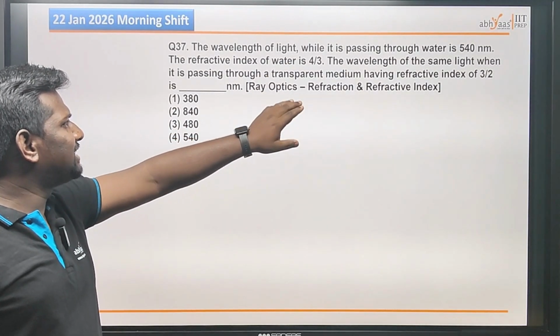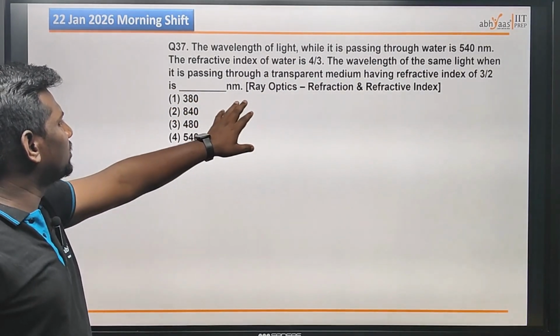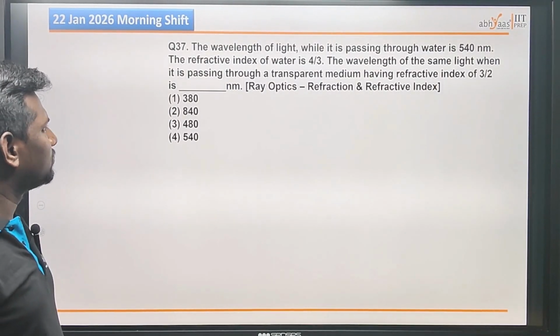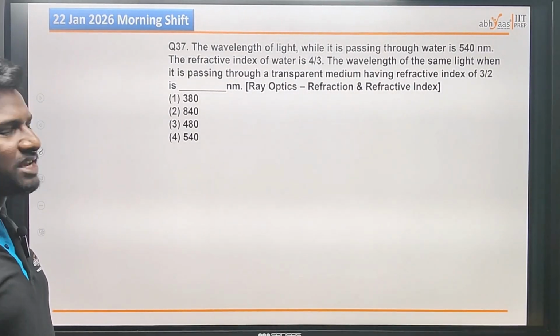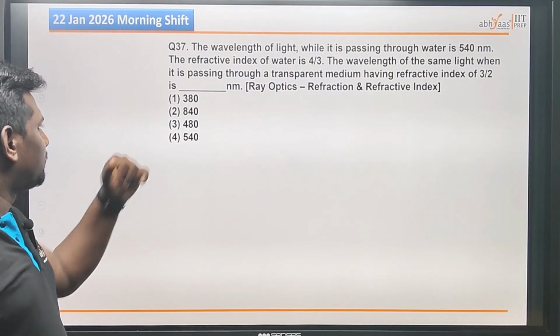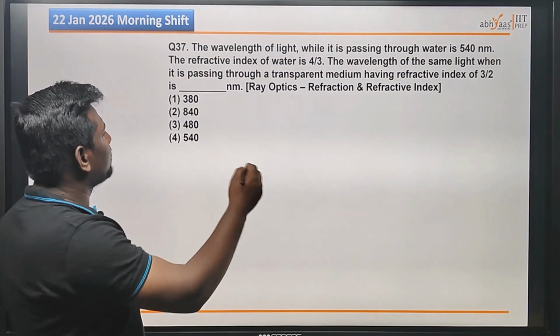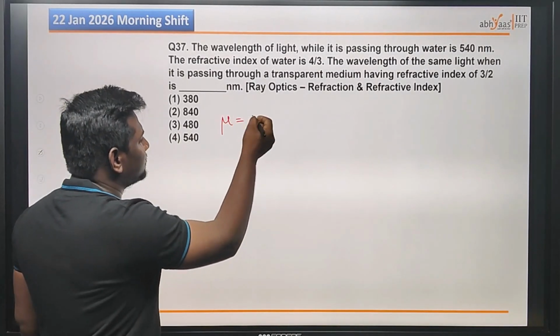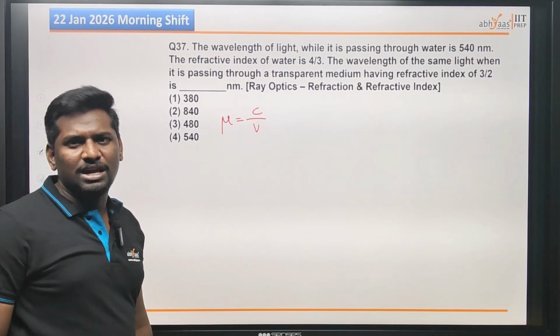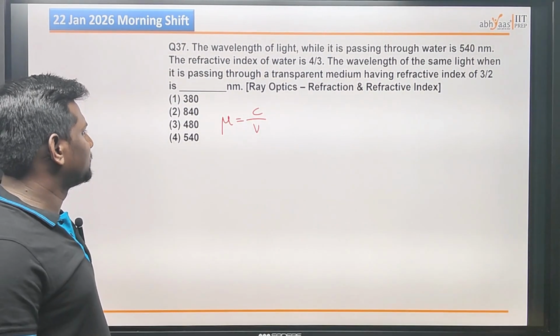What is the wavelength of the same light when it is passing through a transparent medium having refractive index 3/2? They are asking for the wavelength in the second medium. We know the formula, refractive index can be written as C by V, that is the velocity of light by velocity of light in a medium.